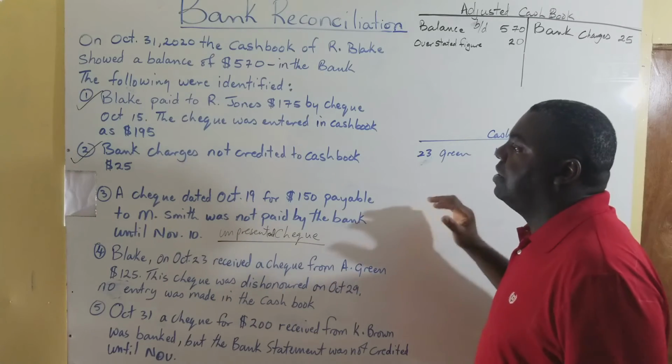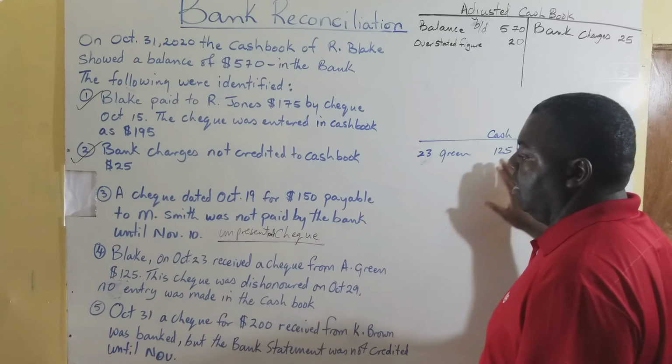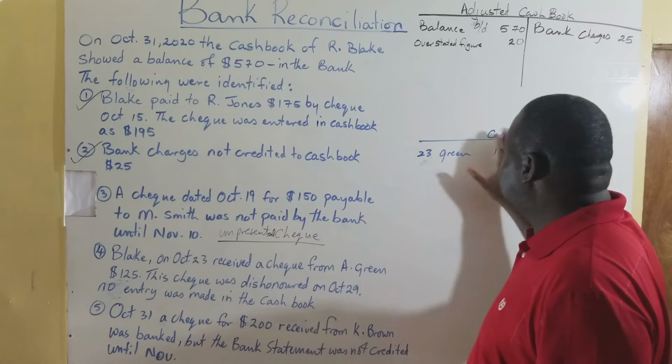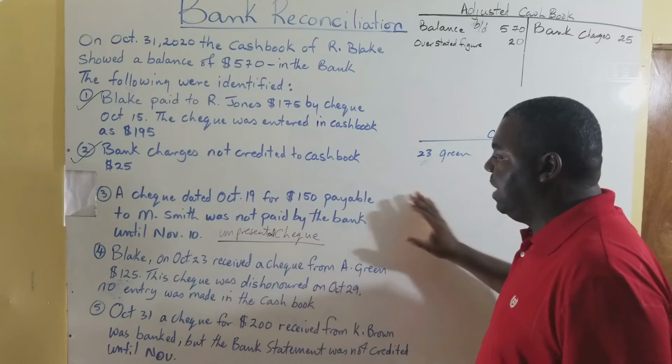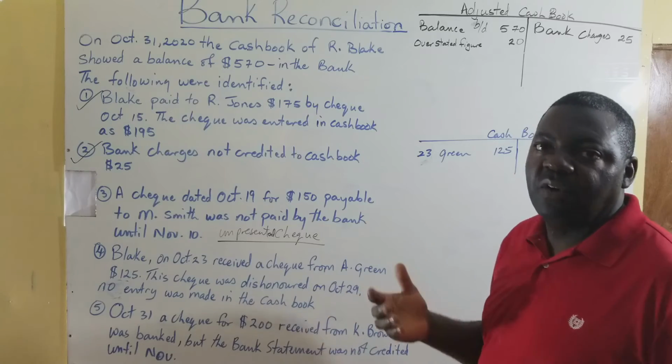If it is dishonored, it means that this no longer should exist, right? We cannot keep this in the record to say that Green paid us, because the check was made null and void.